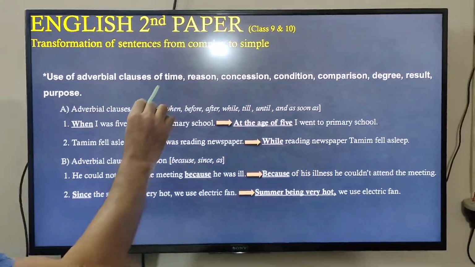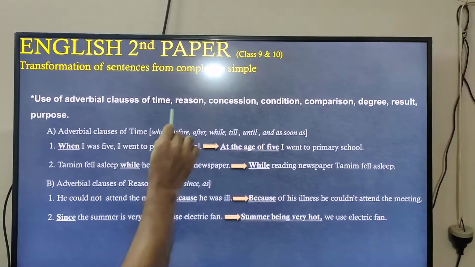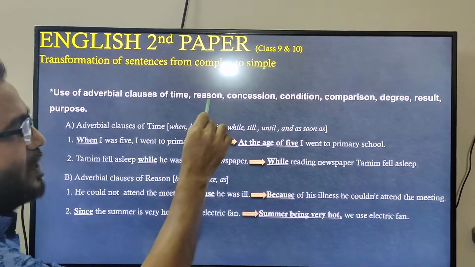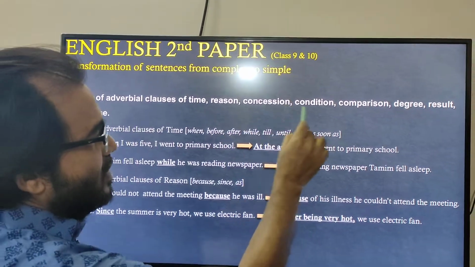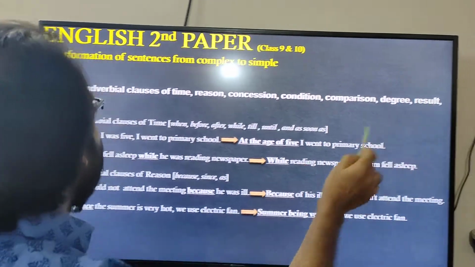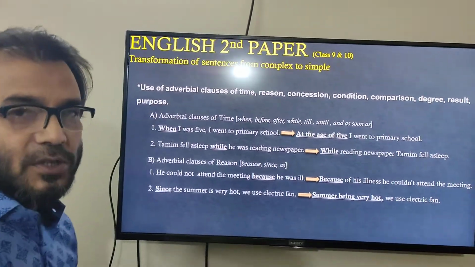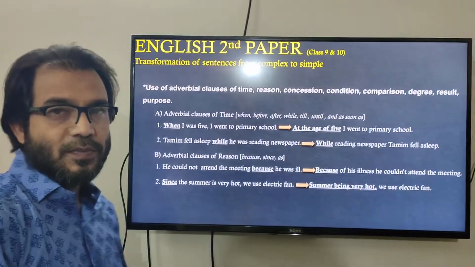The adverbial clause expresses 8 sorts of ideas. For example, it talks about time, reason, concession, condition, comparison, degree, result and purpose. These 8 ideas are expressed through the adverbial clause.